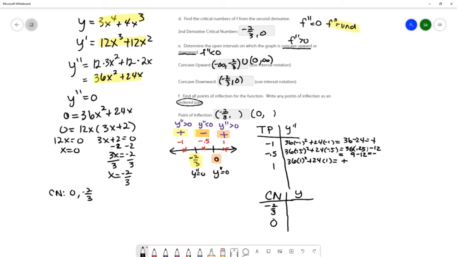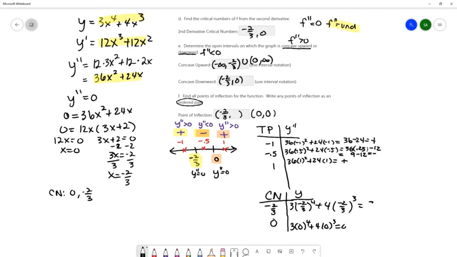The second one is easier, so let's do that. 3 times 0 to the 4th plus 4 times 0 cubed gives us 0. So we have that ordered pair 0, 0. And then the next one, we've got 3 times negative 2/3 to the 4th plus 4 times negative 2/3 cubed.